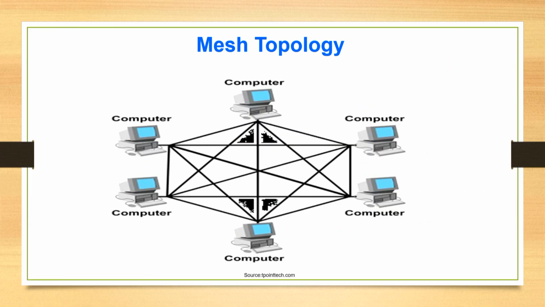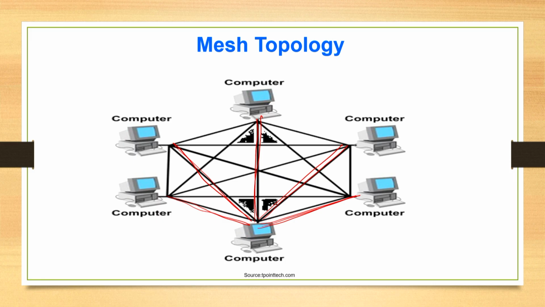Next topology is the mesh topology. Here you see every computer is connected to every other computer in this network. So it means what? There is a direct point-to-point connection between every computer in this topology.